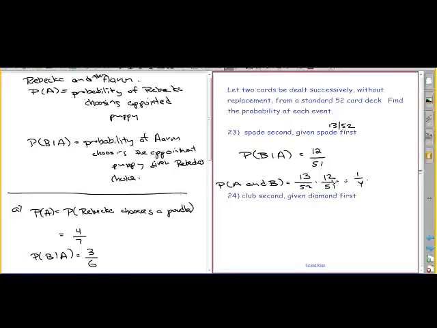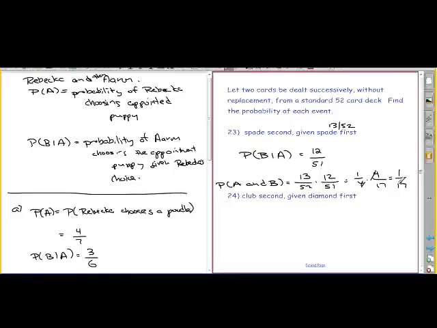This is a quarter, and you can divide that one by 3 at least. So 12 divided by 3 is 4. 51 divided by 3 is 17. These cancel out, so it looks worse than it was.